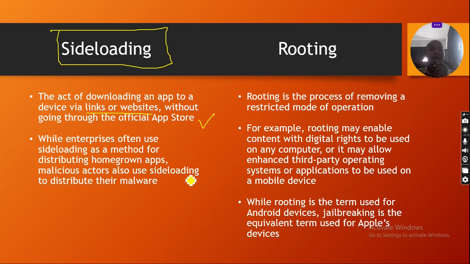Now we say, while enterprises often use side loading as a method for distributing homegrown apps, when your enterprise develops its homegrown apps, they have to use side loading, because these apps may not be in the official app stores. However, the danger is that malicious actors may use side loading to distribute their malware.